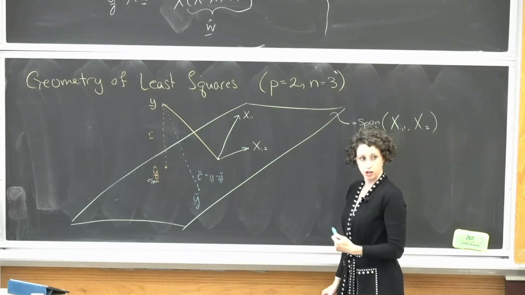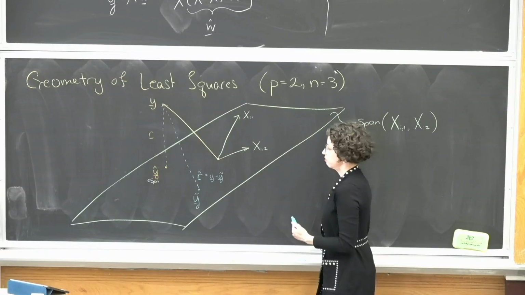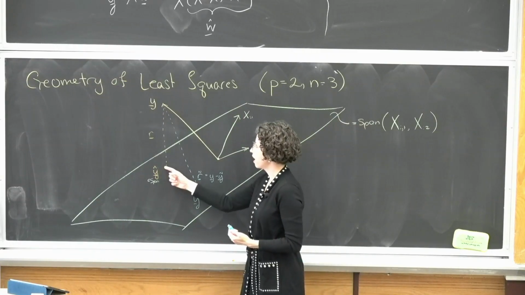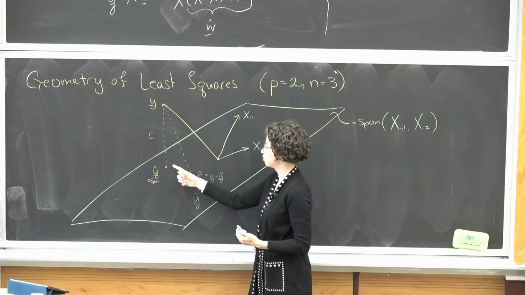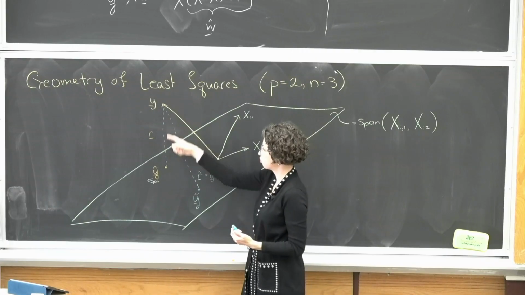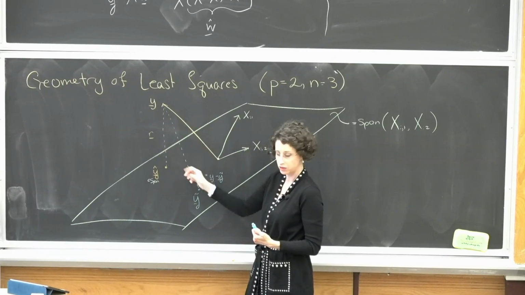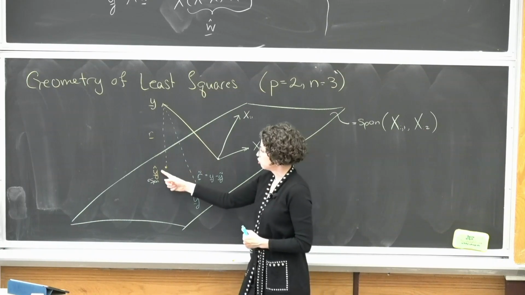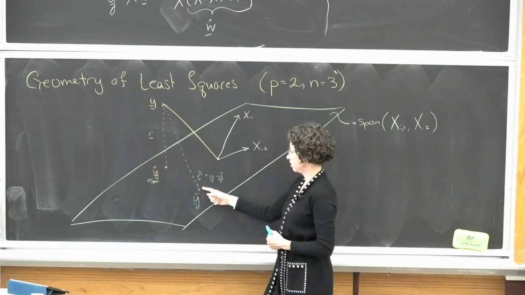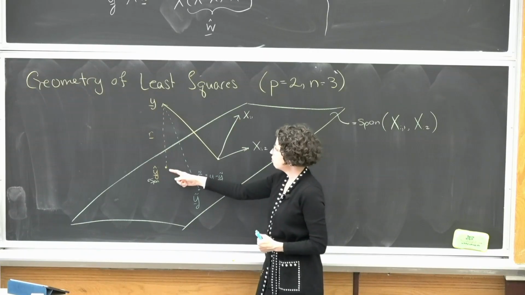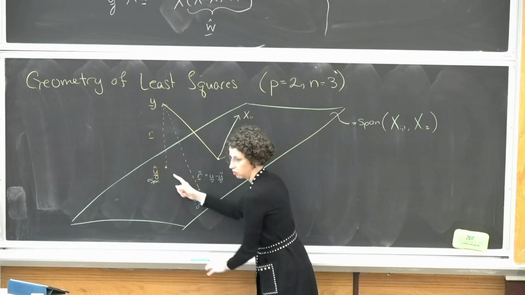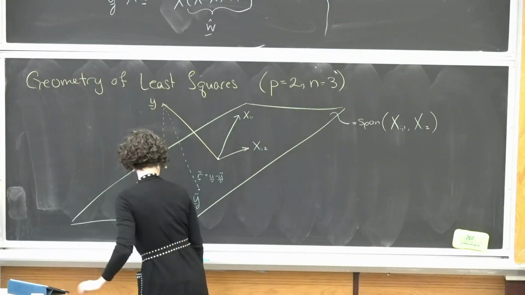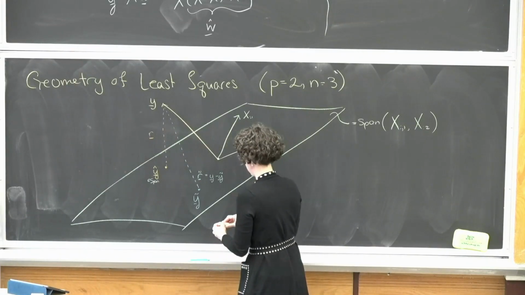And so what I would argue is that what we want is the y hat that has the smallest sum of squared residuals, or the shortest length of this vector. And if we were to look at the shortest length vector versus any other vector, we know that the one we care about is going to be perpendicular to this span.